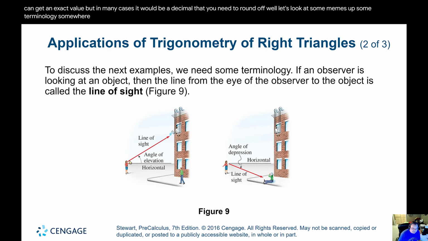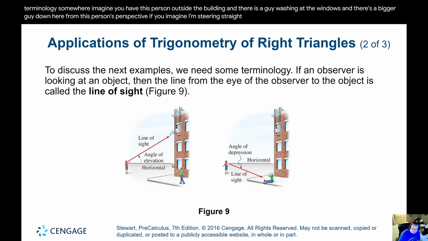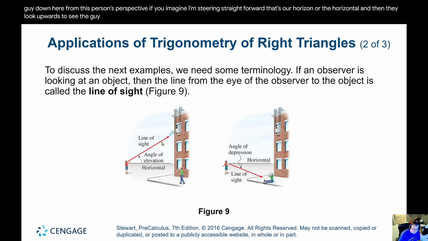Imagine you have this person outside the building and there is a guy washing the windows and there's a poor guy down here. From this person's perspective, if you imagine them staring straight forward, that's the horizon or the horizontal, and then they look upwards to see the guy here, then this angle here is called the angle of elevation.